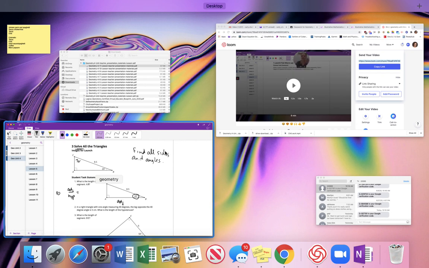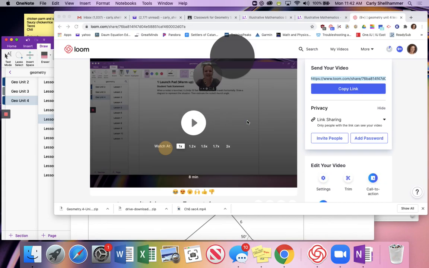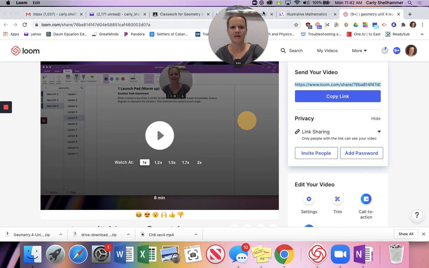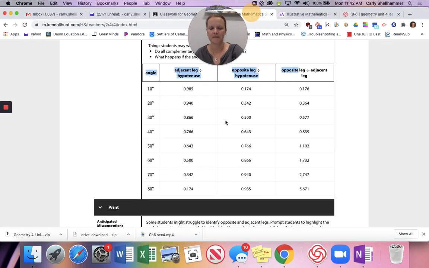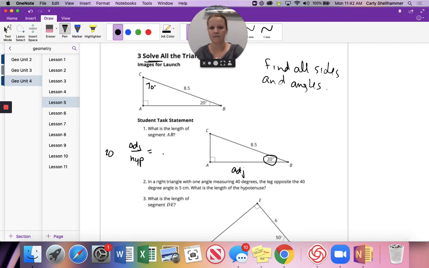oh no, where is it? I think it's over here. I'm in the way. Yep. So the ratio of adjacent to hypotenuse for 20 degrees is 0.940.